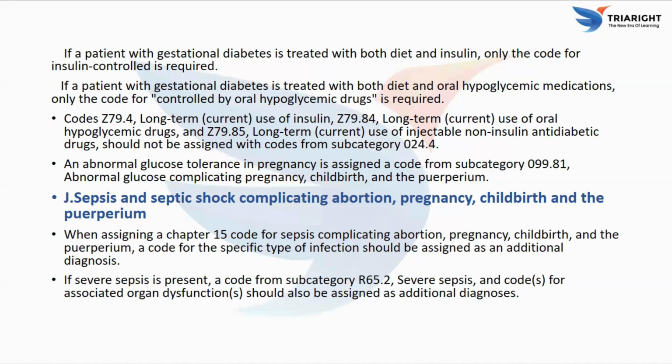This is used when blood sugar is higher than normal, but the criteria for gestational diabetes are not fully met. So if doctors document glucose intolerance in the pregnancy, O99.81 must be assigned for abnormal glucose complicating the pregnancy.